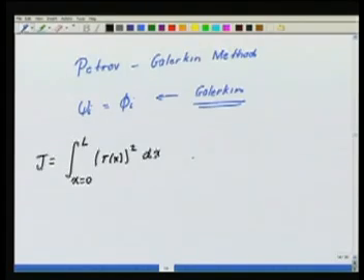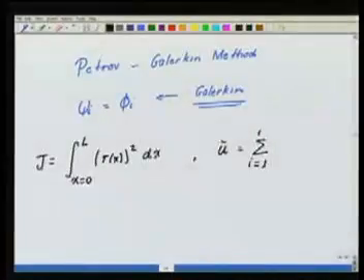Now again I choose u tilde is equal to sigma I is equal to 1 to n alpha I phi I, such that the phi i's satisfy all the given boundary conditions.